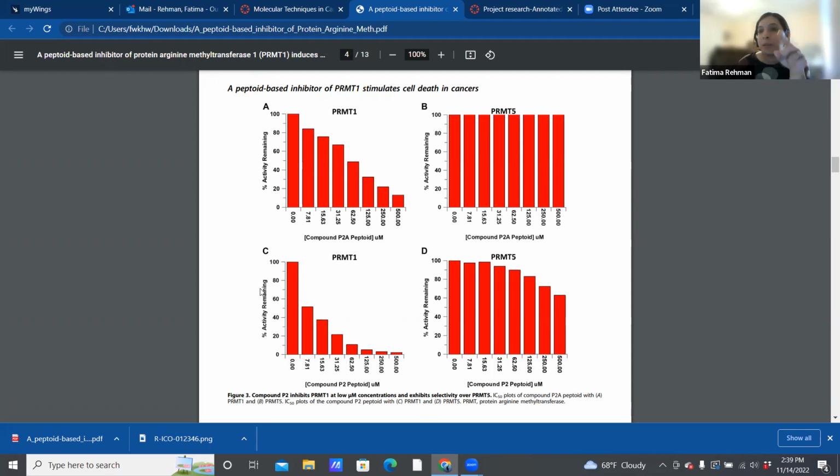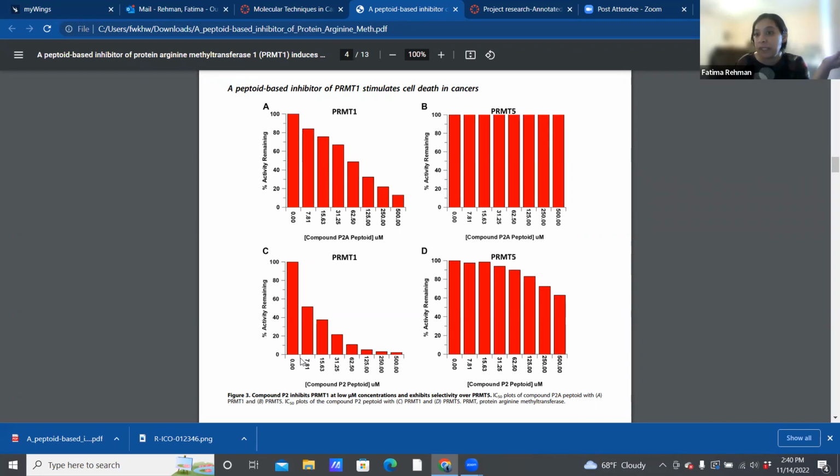What's the purpose of panel B and D? And by the way, it did say down here too, IC50 plots of compound P2A. I think we could have just read that too. But besides the point, what is the purpose of panel B versus D? Why do we need those?